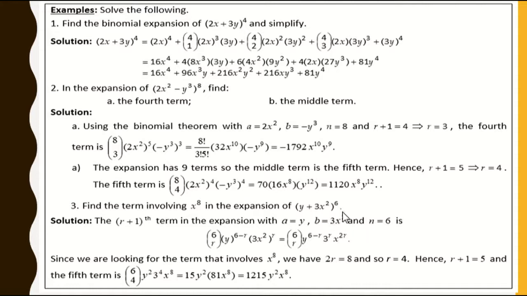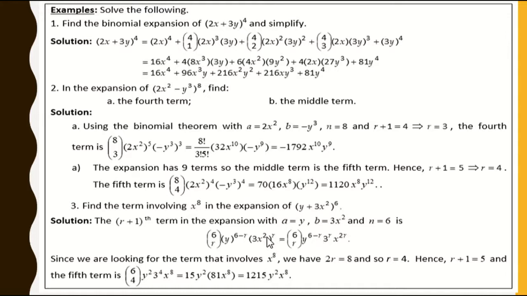And then it is equal to 6 taken r at a time, y to the power of 6 minus r, times 3x squared to the power of r, which is equal to 6 taken r at a time, y to the power of 6 minus r.